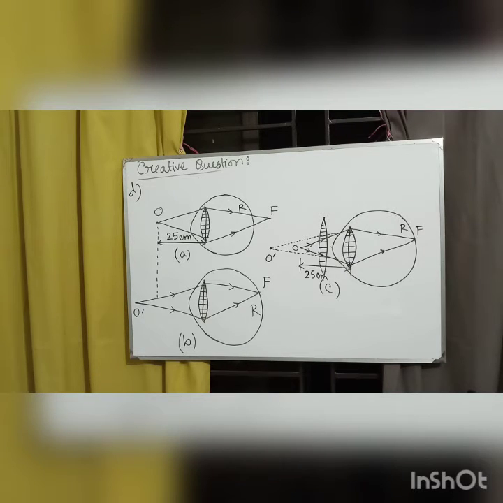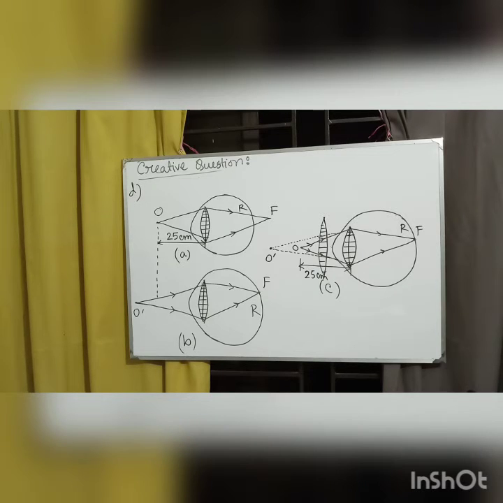When an eye can see distant objects but cannot see near objects, then this defect is called hypermetropia. Generally, this defect is seen in older persons.